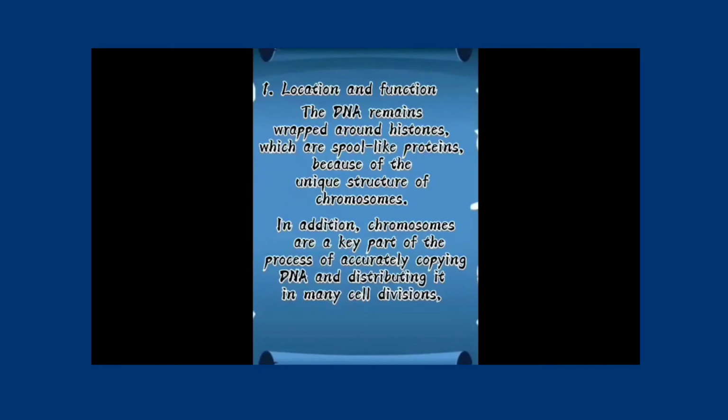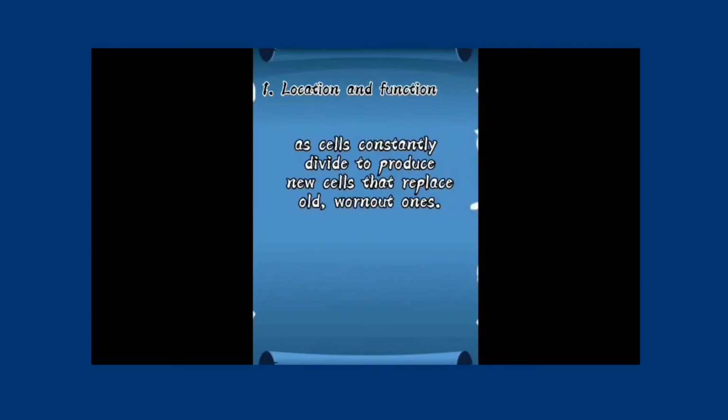DNA remains wrapped around histones, which are spool-like proteins, because of the unique structure of the chromosome. In addition, chromosomes are a key part of the process of accurately copying DNA and distributing it in cell division, as cells constantly divide to produce new cells that replace old, worn out ones.